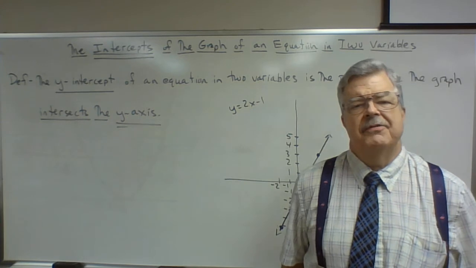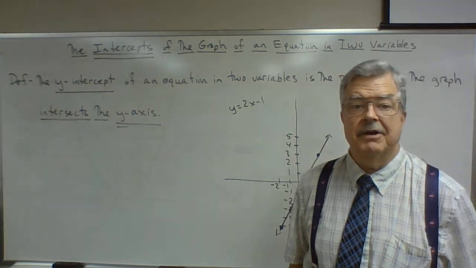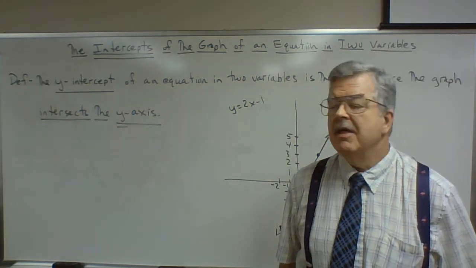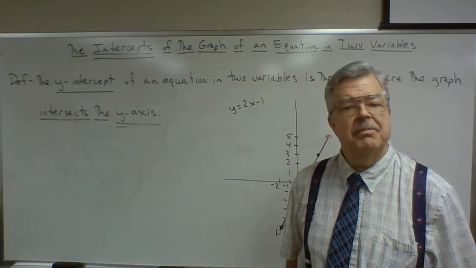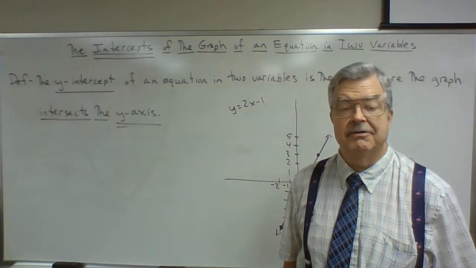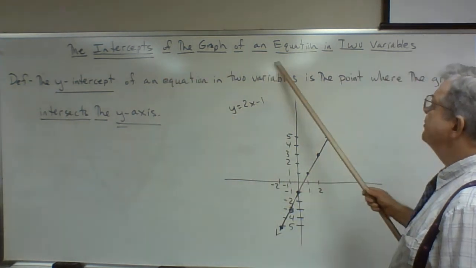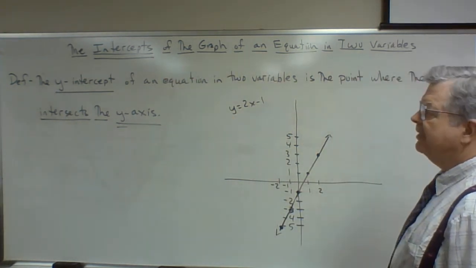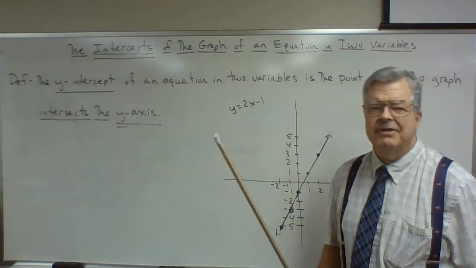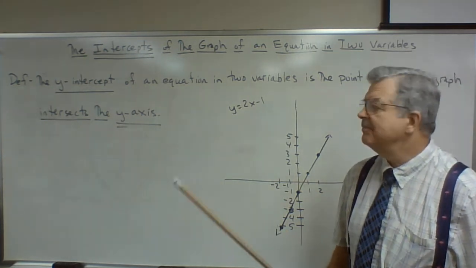One important feature of the graph of an equation of two variables that we definitely want to be aware of and be alert to finding are the intercepts of the graph.